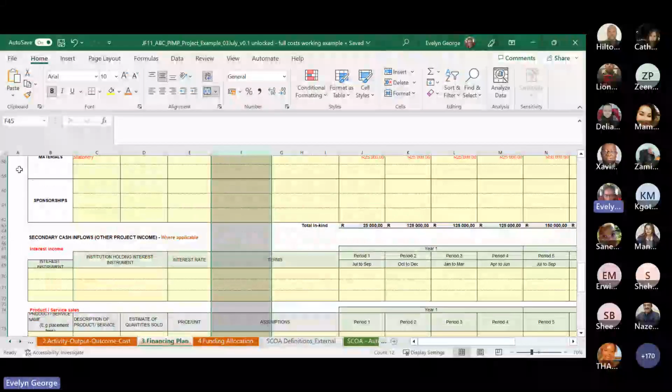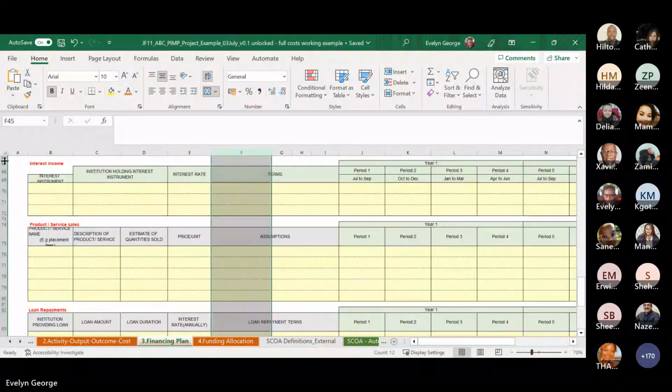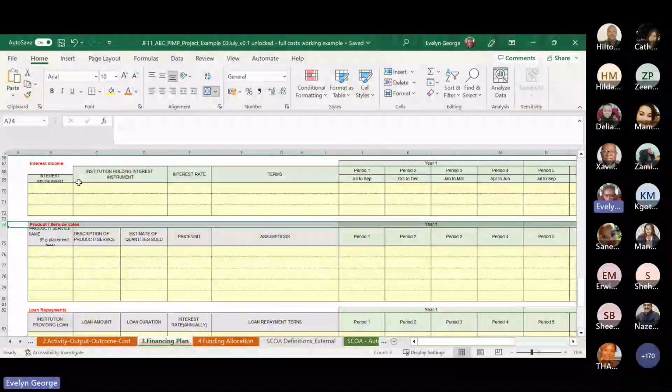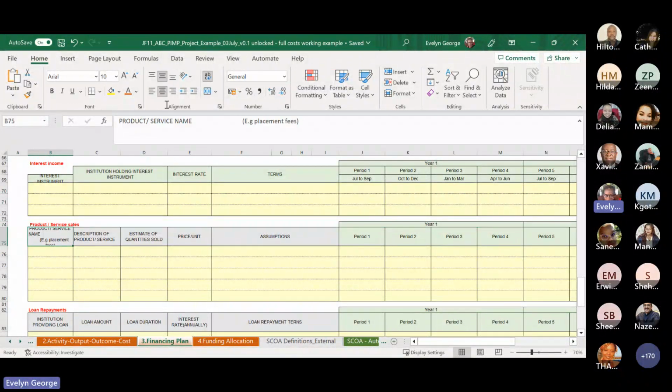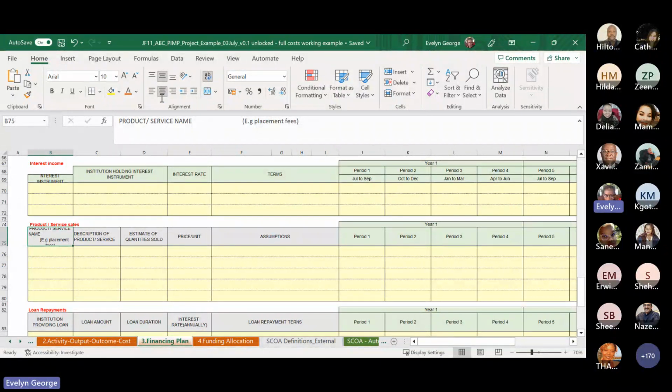Then we also cater for secondary inflows. This will relate to, well, I saw that there are agriculture projects that are expecting to generate income. It does happen, although it's more and more rare, that some support for work seekers projects generate placement fees.